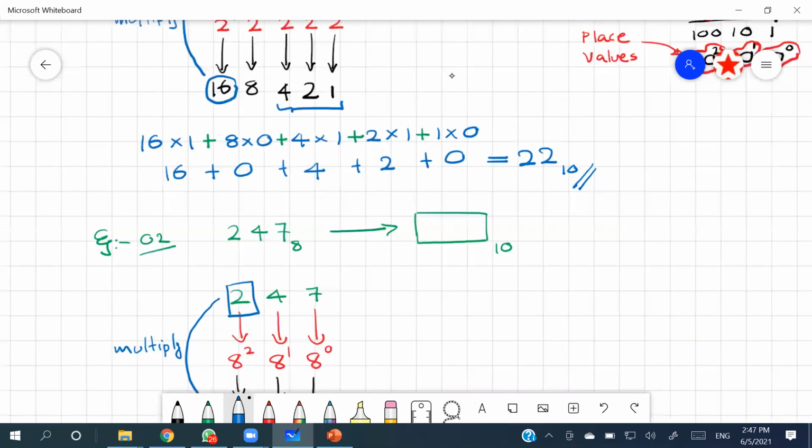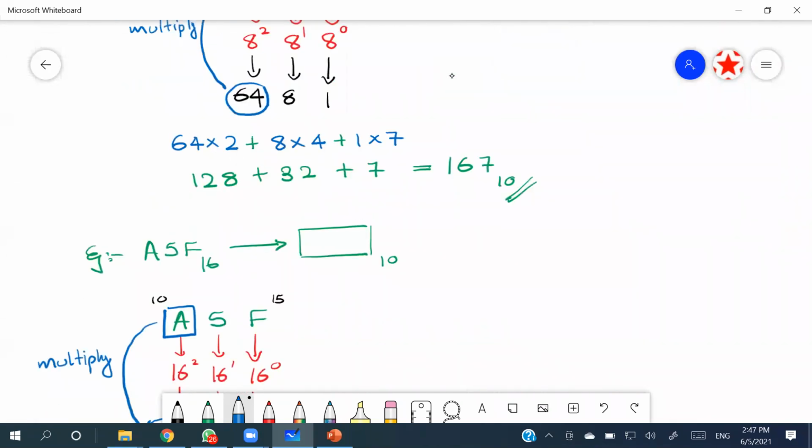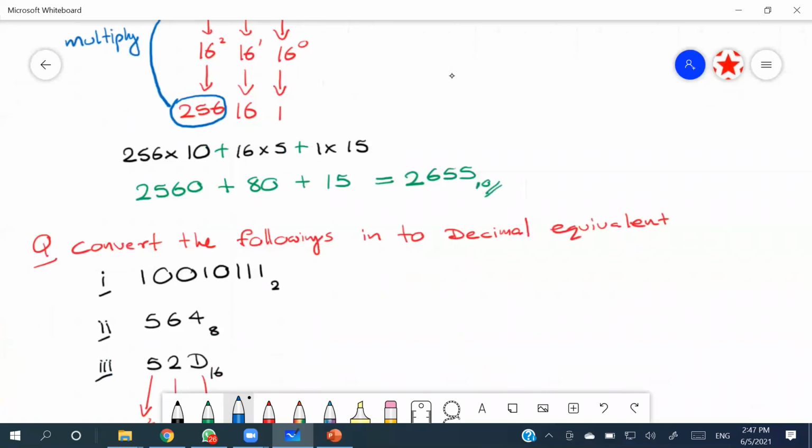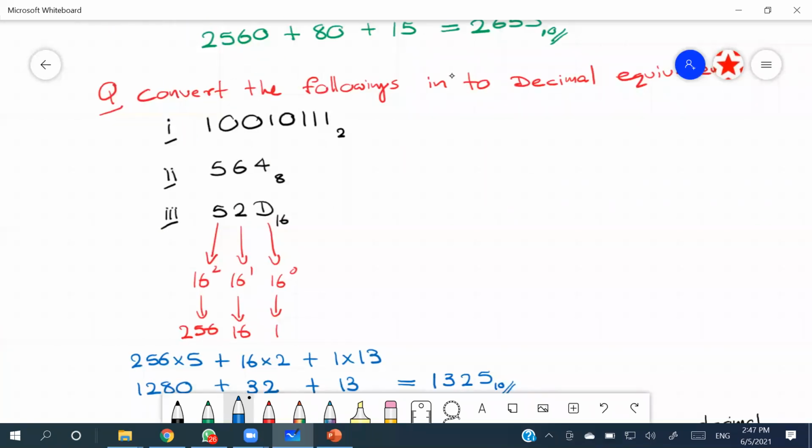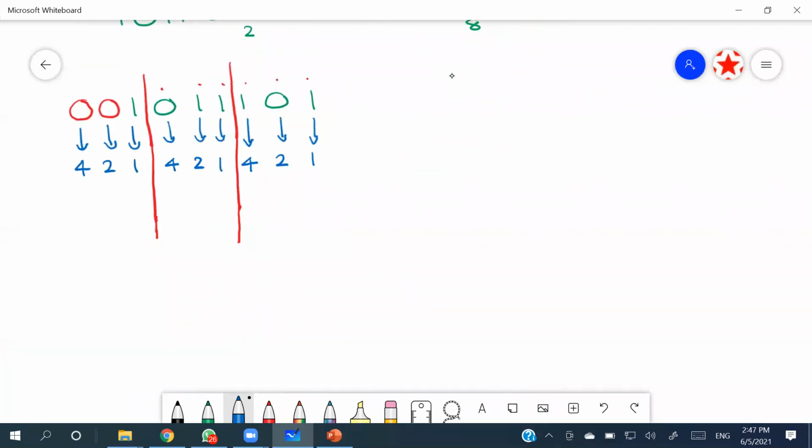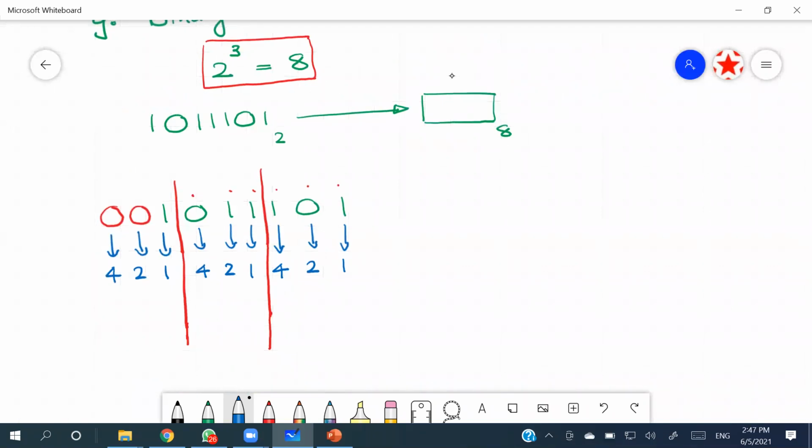Okay. Now, it is because of this that you really don't need to do that. I was doing it because I told you these groups are going to consist of 3 bits. So adding these 2 zeros won't do any harm. It's just like writing the number 7 as 07. So the value is not going to change. Even if you write it as 007, it's not going to change.